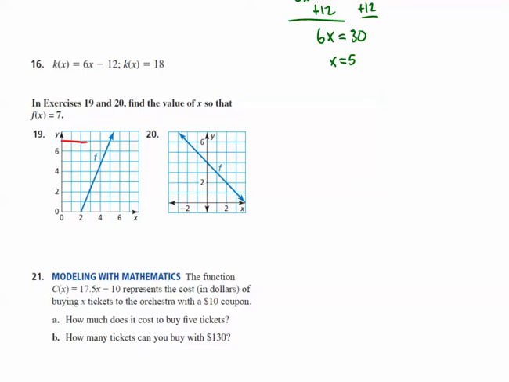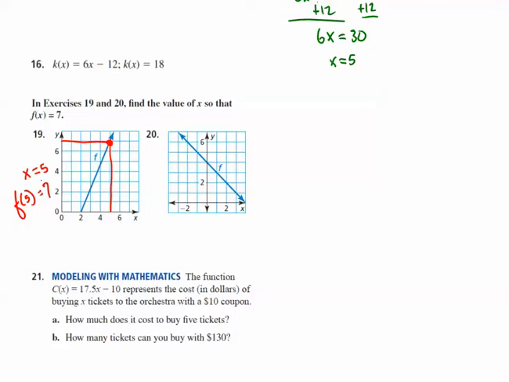So if we were to start at 7 and go over to the graph, we can see that the x value is 5. We would simply say x equals 5, or f of 5 is equal to 7. So find the value of x so that f of x is 7, f of 5 is 7.